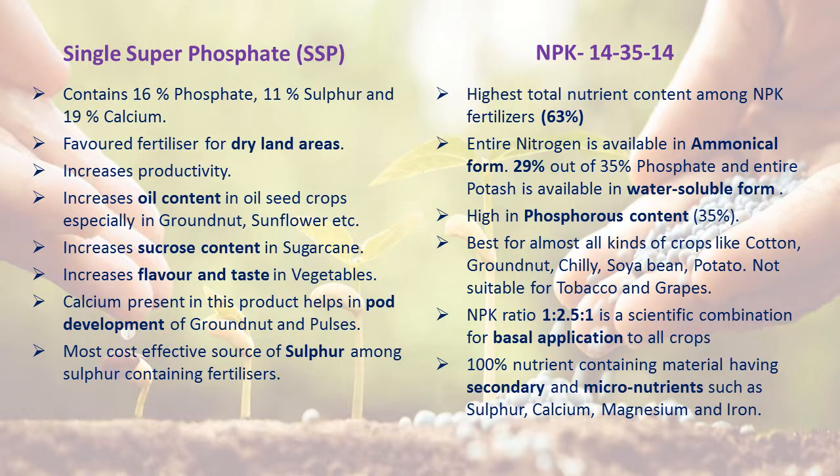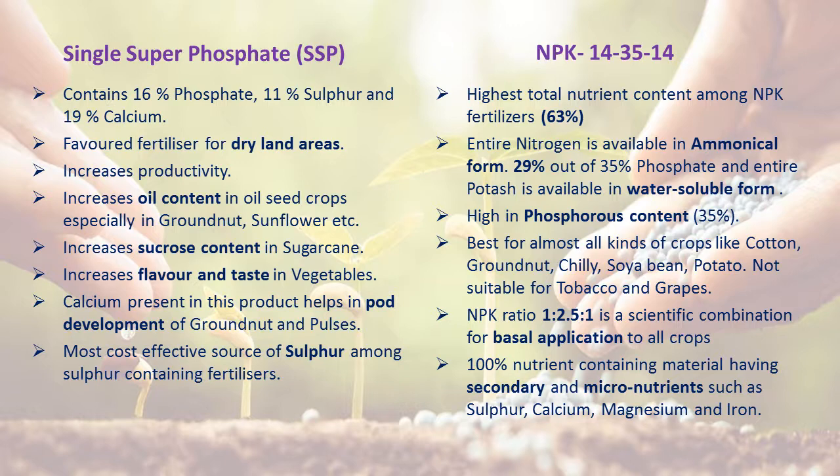One of the also most important is single superphosphate, which contains 16% phosphorus, 11% sulfur, and 19% calcium. It has an absence of nitrogen and potassium. It is mostly applied for dry land areas, and it increases productivity, and increases oil content in oilseed crops like groundnut and sunflower.